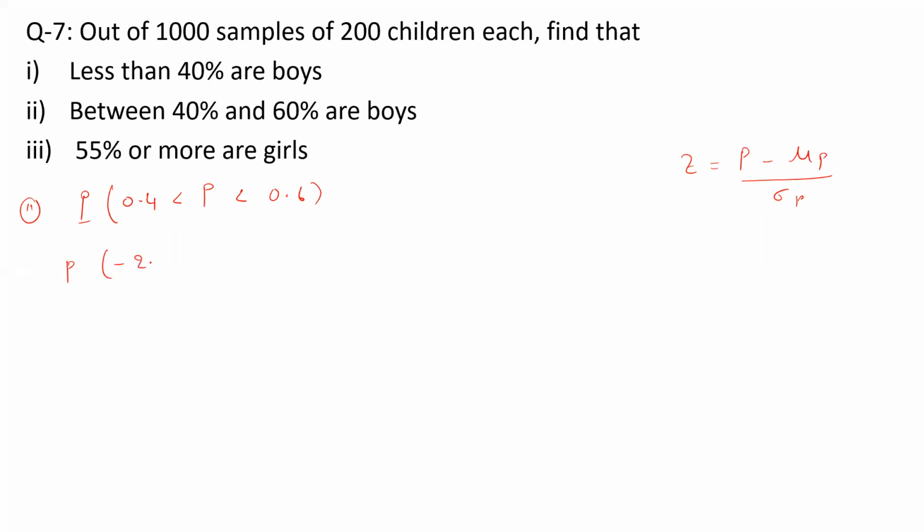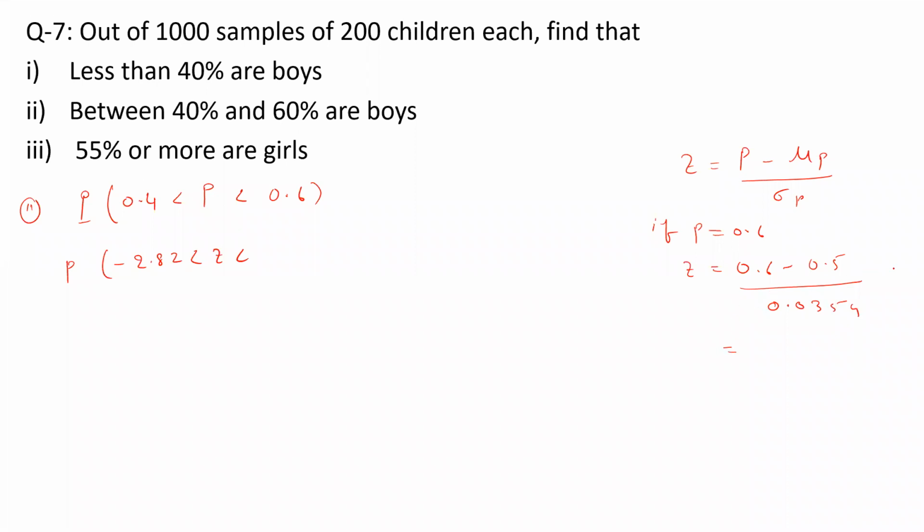So this was minus 2.82. Now we will find when P is equal to 0.6. So if P is equal to 0.6, your Z becomes 0.6 minus 0.5 divided by sigma P, something around 0.0354.